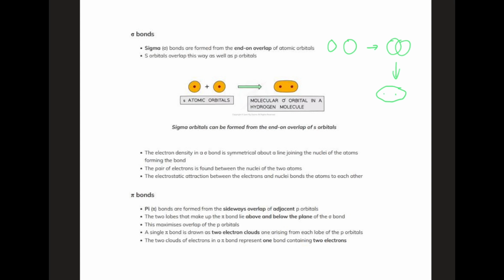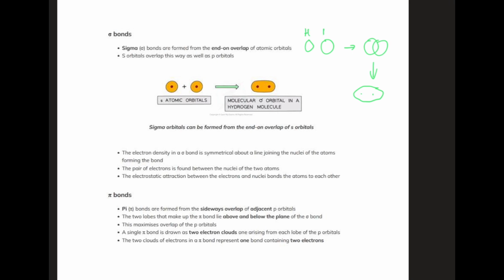This is the atomic orbital, this is where they overlap, and this is called the molecular orbital. Then they form the sigma bond. An example is hydrogen and hydrogen: now they overlap, and now they become molecules.